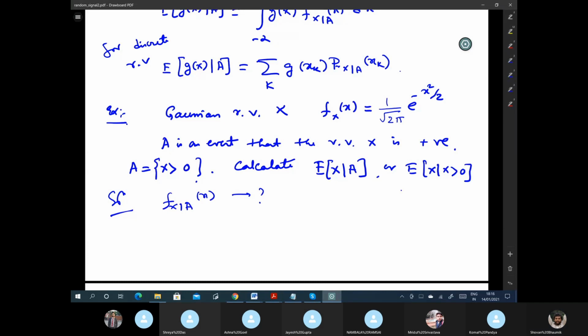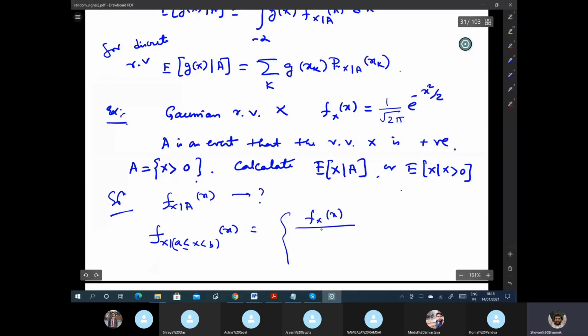For that, derive the very important formula about the conditional. f of x given the event A between a and b equals f x of x by the probability of A, for x between a and b, and 0 otherwise. Everybody recall this formula?